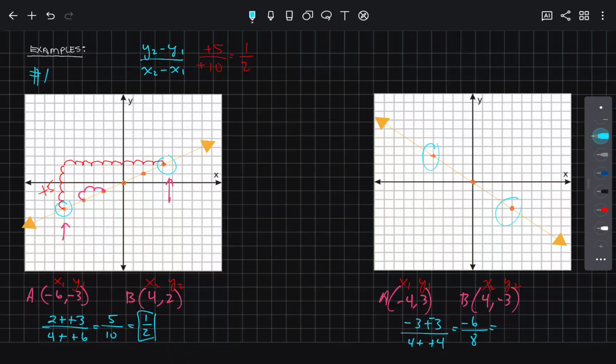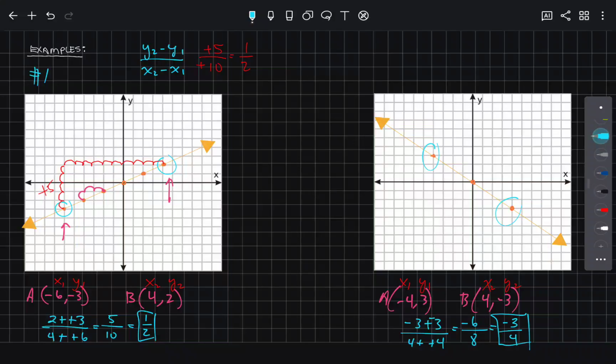If we simplify that, we know that 2 goes into both 6 and 8, so that would be negative 3 over 4. Cool, it's exactly what we expected. We said it was a negative line, and our rise is actually a drop 3 and then right 4. So that coincides with what we saw of the line before we even started.